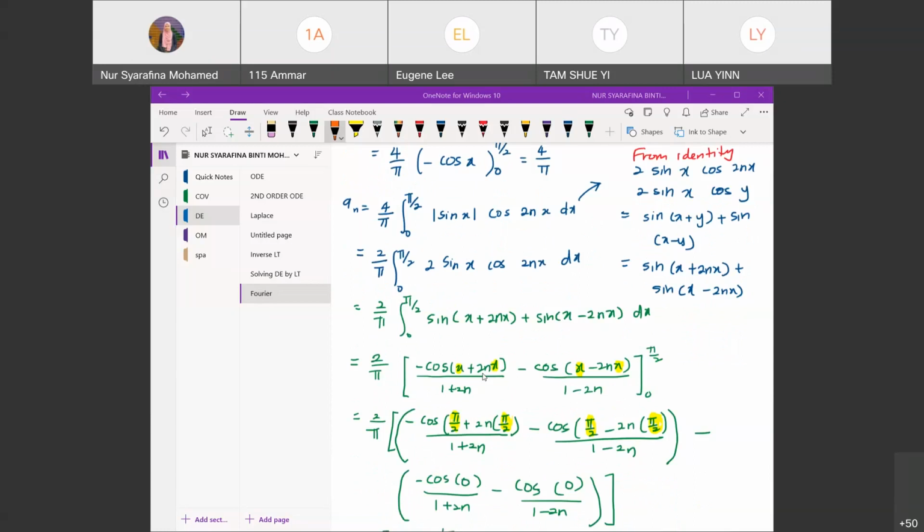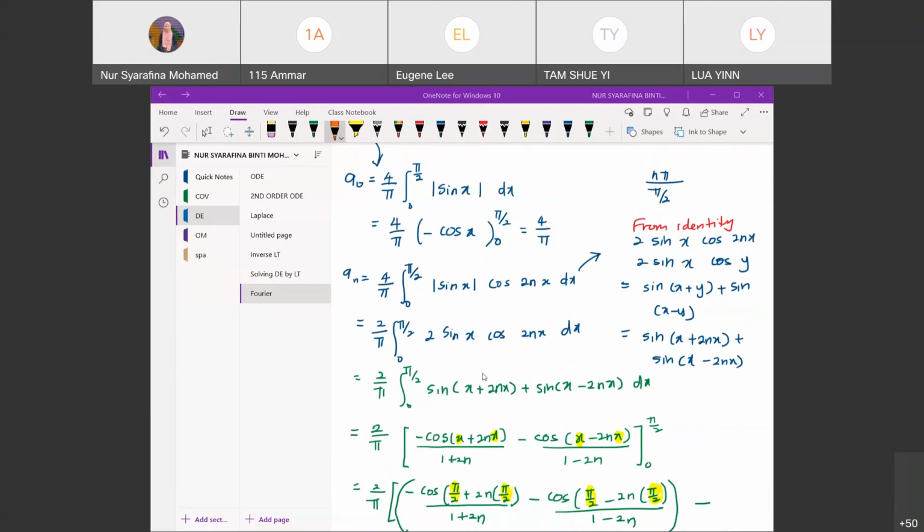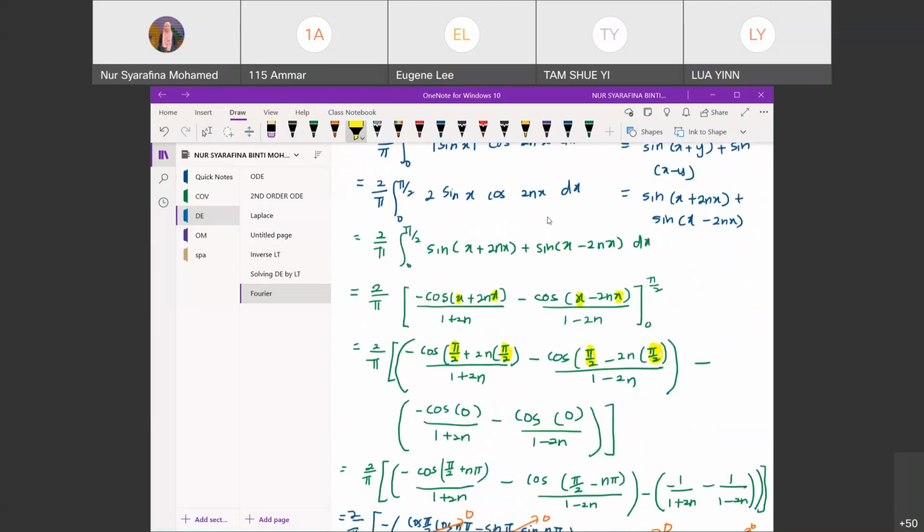Integrate sine. Which sine? This one? Green, second row. Is it this one? You mean?